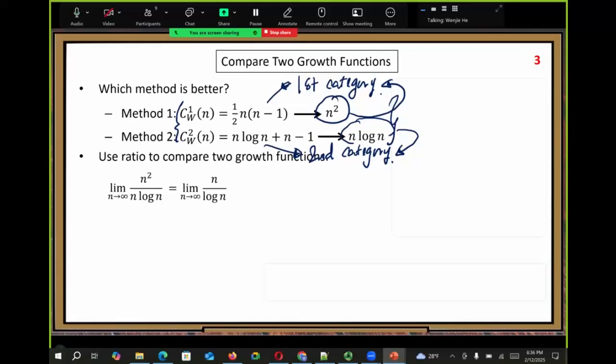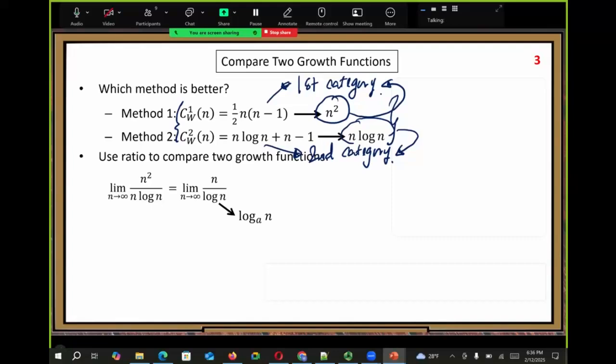How to calculate this limit? You need to recall in calculus, how do you calculate this limit? Here this log n, because we do not specify the log base, right? Sometimes the base number is not that important, so we ignore it.